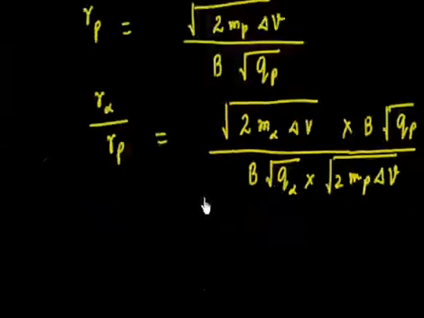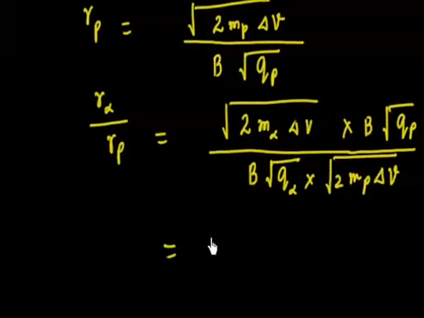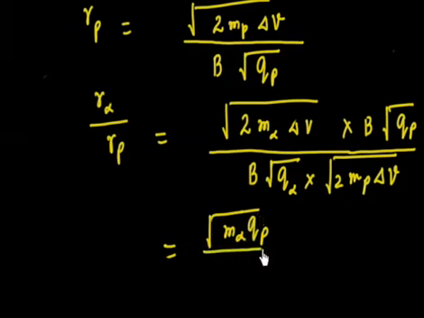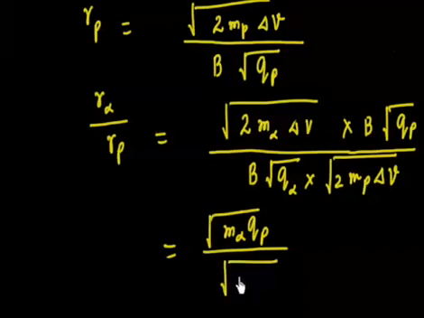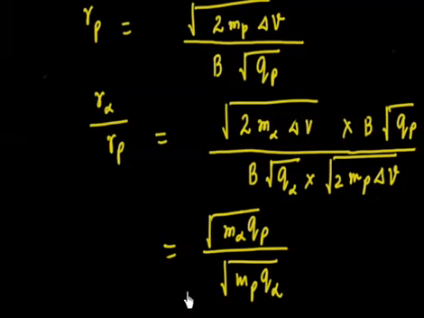B goes, and if you cancel all the terms, you have simply on top the square root of m alpha q proton, and on the bottom m proton and q alpha. So this is the ratio.